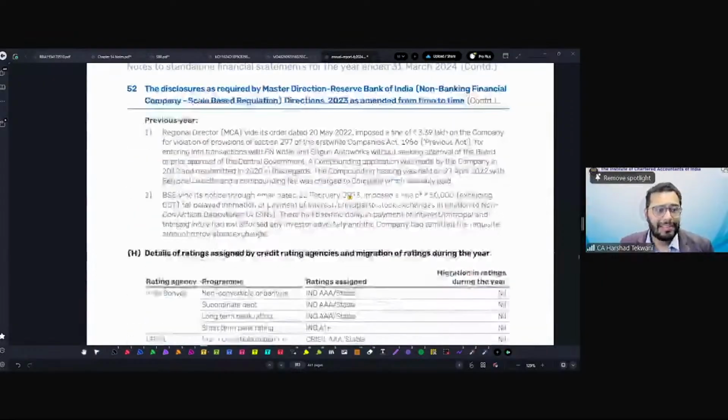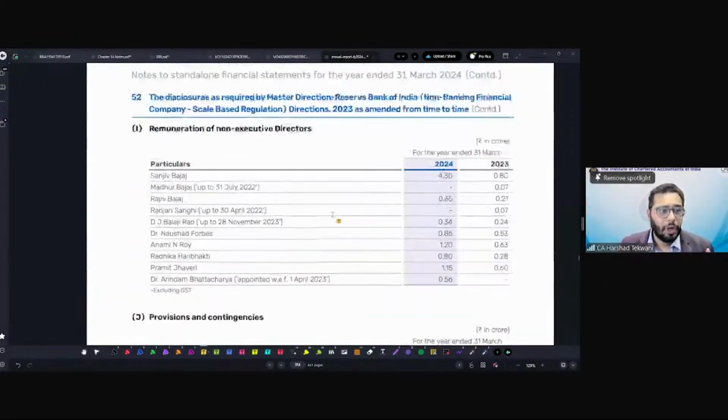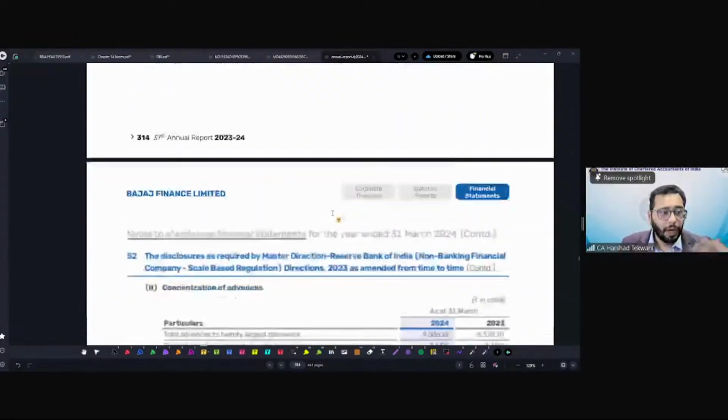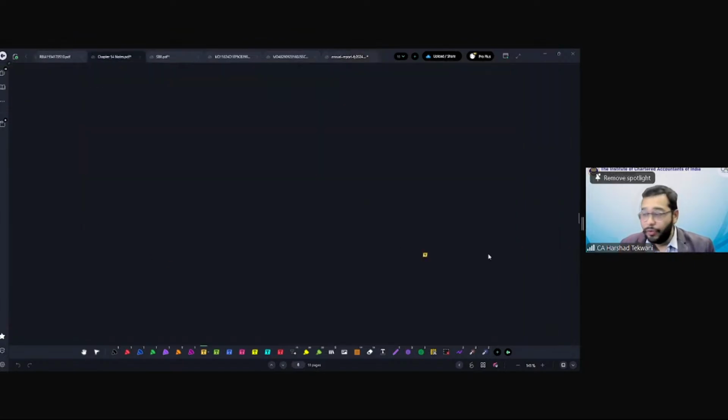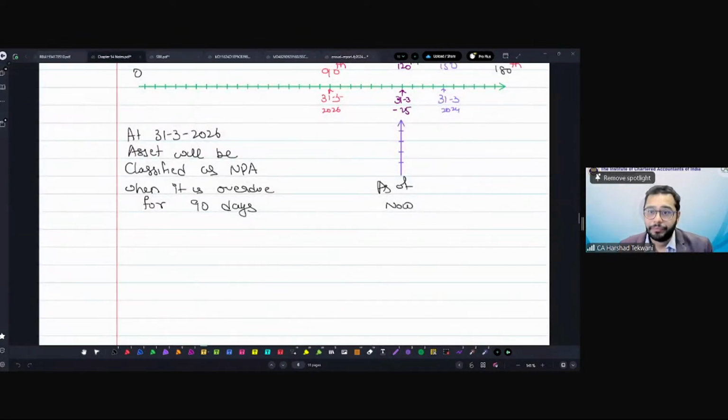And now we are discussing with respect to your NPAs. This is NPA. Okay, we'll go back to our notes. We'll continue the discussion on NPA. That's why it's important for us to understand what is NPA.